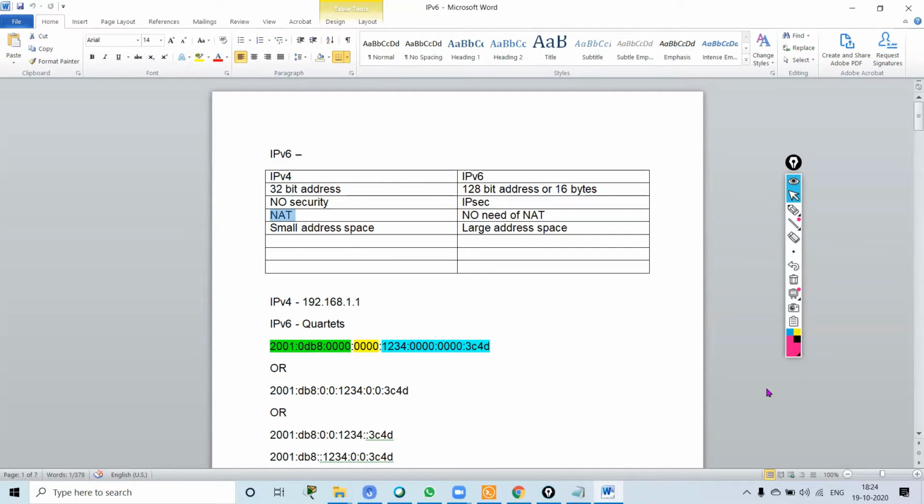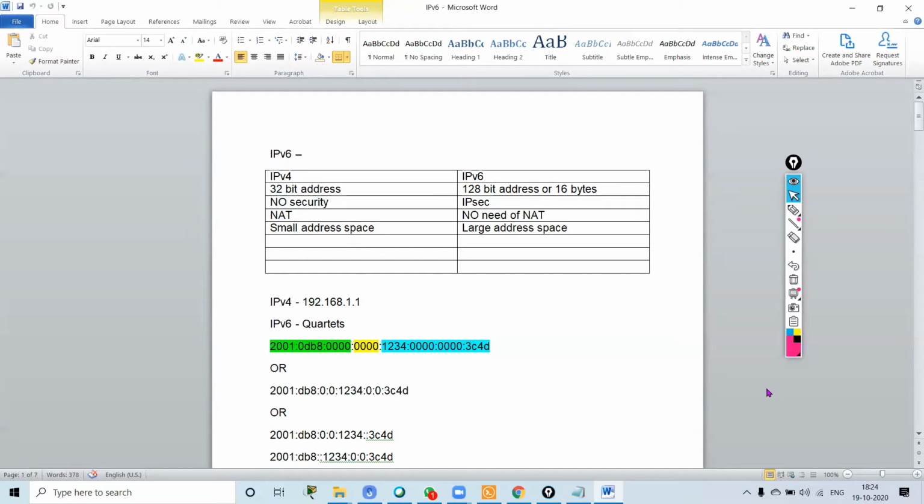But here there is no need of NAT. Why? Because it is a very huge address space. Understood? Why was IPv6 introduced? It was introduced to overcome the shortage of addresses in IPv4. Okay.